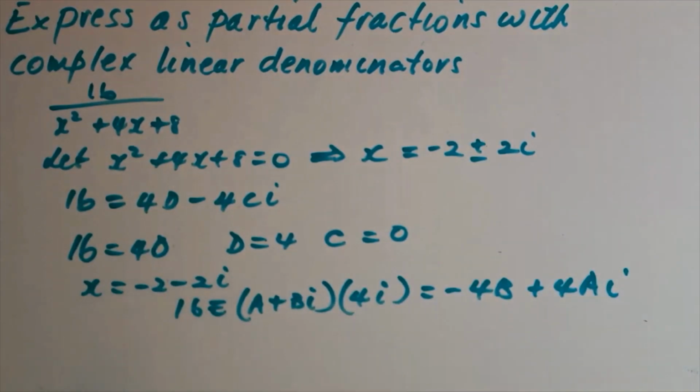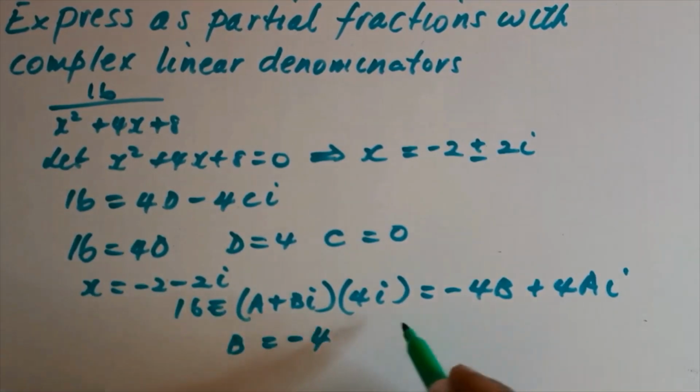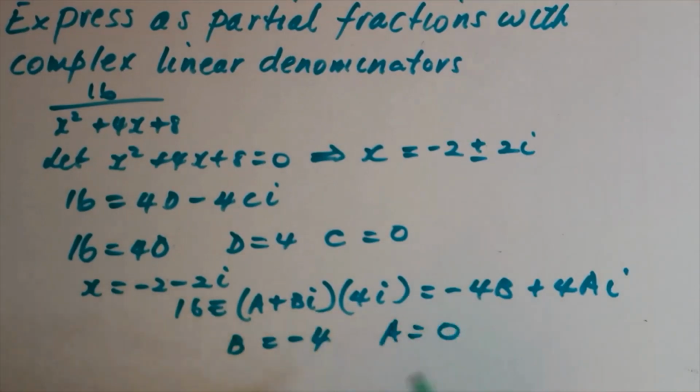Again, if we equate the real and imaginary parts, we have a real part 16, and on the right minus 4b, no imaginary part, so a is 0, but b is negative 4.